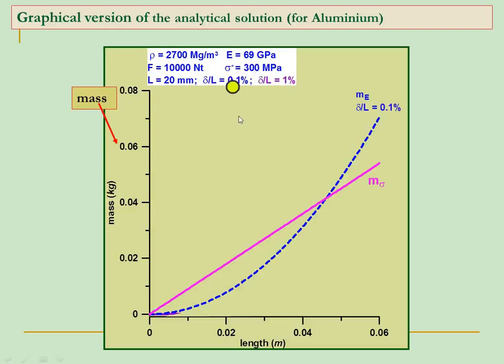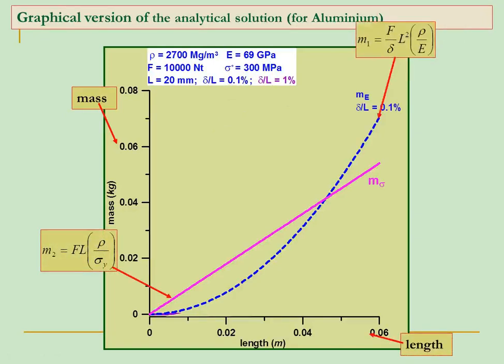Right now, if you have the values of M1 and M2 available, I have the first expression for, let us say, M1. This is a second degree expression, F upon delta L square rho upon E. So for a particular material, let's say aluminium, rho and E value is fixed. If I take L value, let us say, as 20 mm or any other value, you can plot it for different values of L.